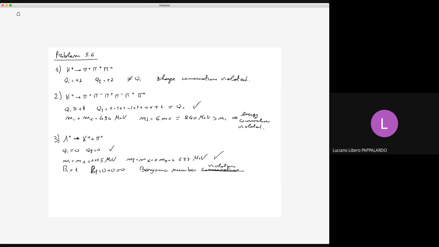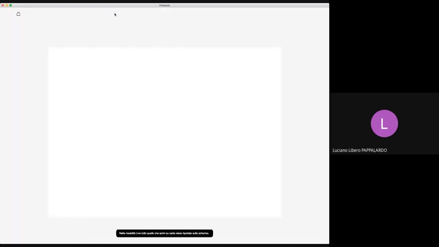Okay, let me take a new sheet. Now we have the xi minus into neutron plus pi minus. So initial charge is -1, final charge is 0 minus 1 equal -1. Let's check energy conservation.